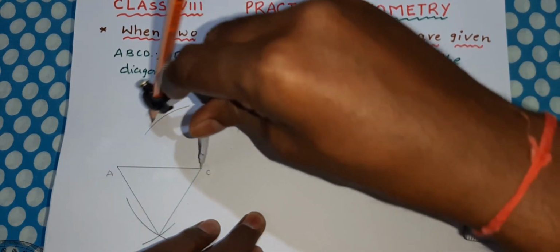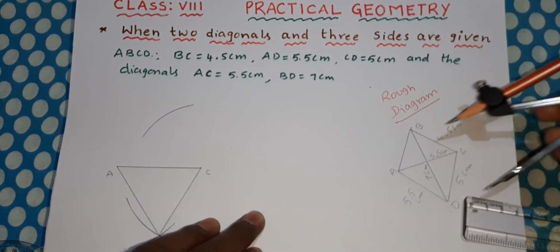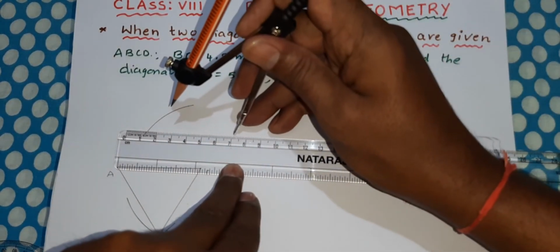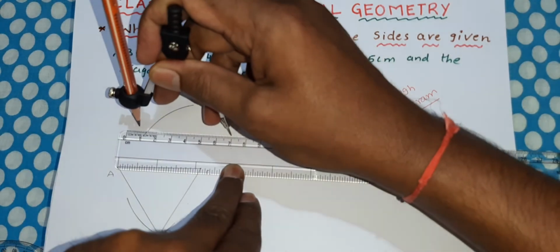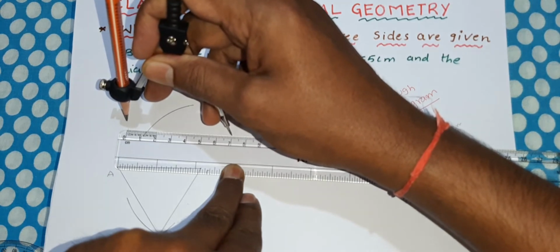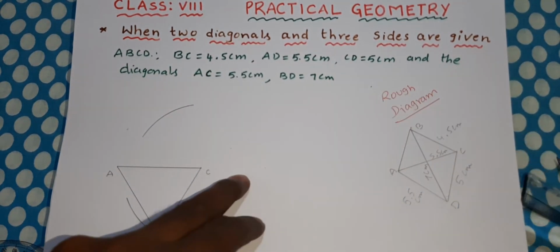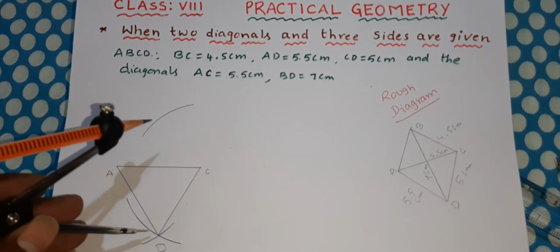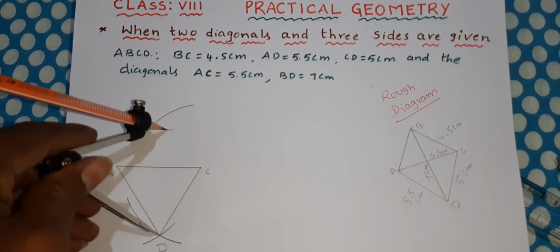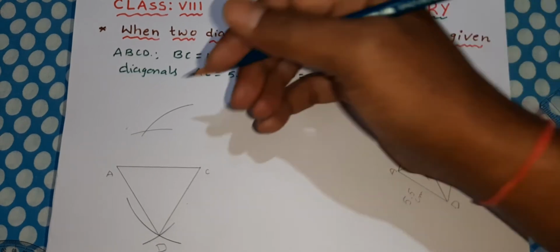Okay, this is 4.5 centimeter. Now BD is 7 centimeter. Now you can take 7 centimeter on the scale. Take center as D. Cut that arc above the line segment AC. This point is B.